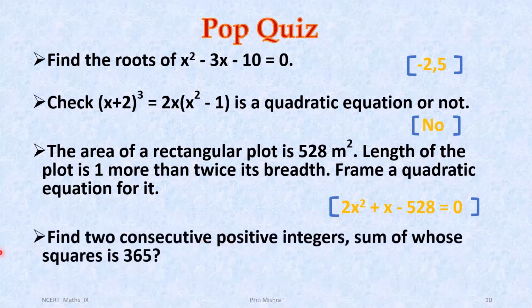Next question, find two consecutive positive integers, the sum of whose squares is 365. Yes, find out the answer. First, you have to frame the equation, then solve that equation. I know you all can solve it very easily.